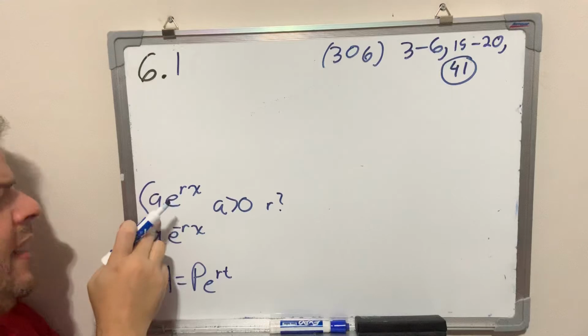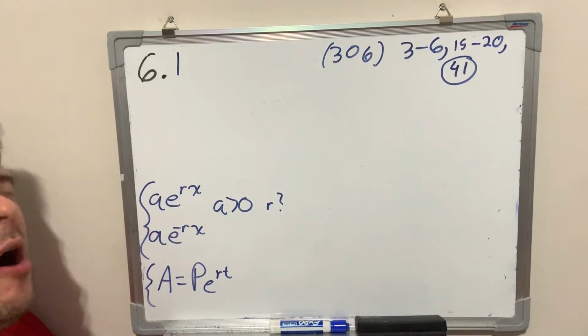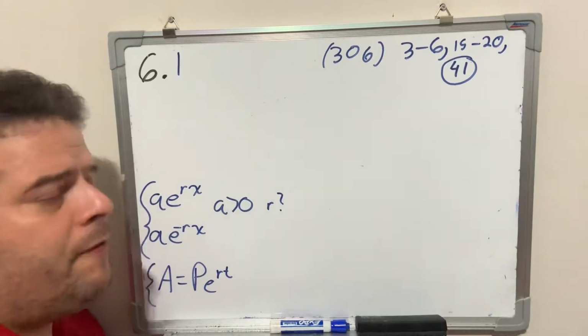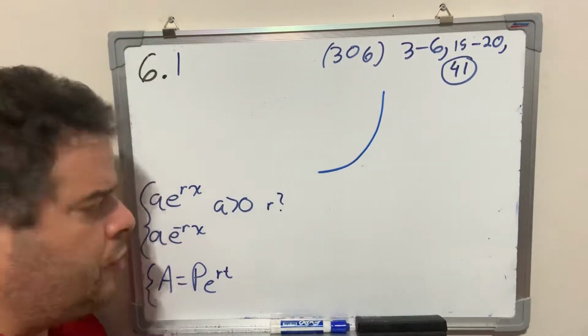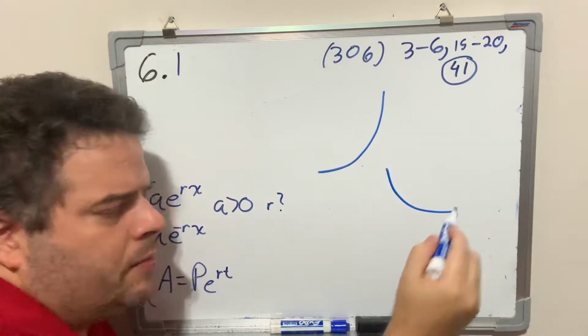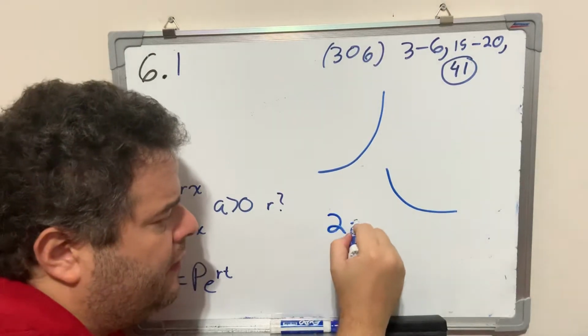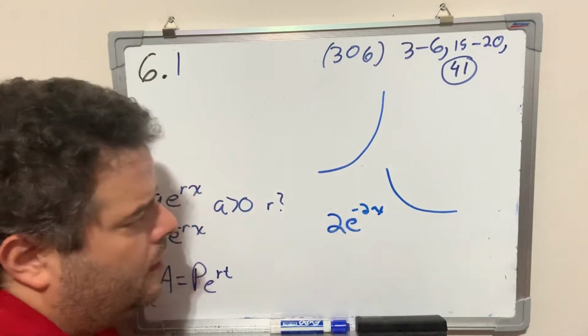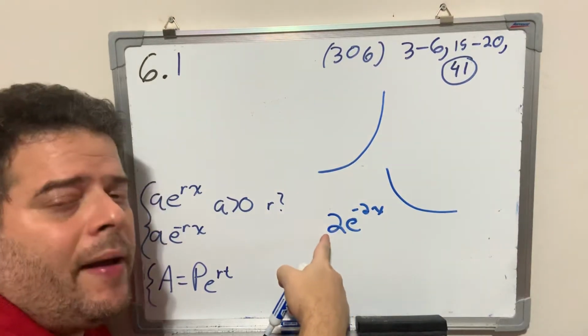So if your A is positive, you look at your exponent. Or not your exponent, your R more specifically. If your R is positive, you're going to have exponential growth. If your R is negative, you're going to have exponential decay. And that's pretty much it. So for example, in this case, that would be decay. Again, I confirm my A is positive.